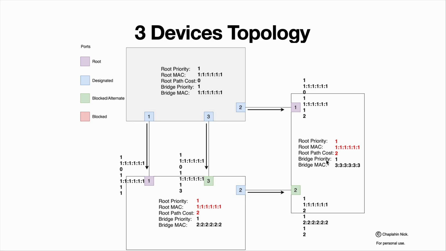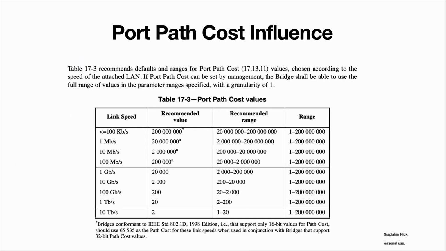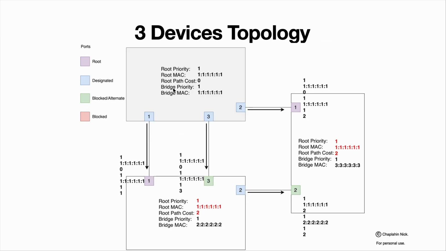Now let's talk about root path cost. In this case, I displayed it as numbers for demonstration, but in the spanning tree standard it is defined that, again, root path cost on a non-root device is calculated as root path cost received in the BPDU on the root port plus port path cost on the root port.